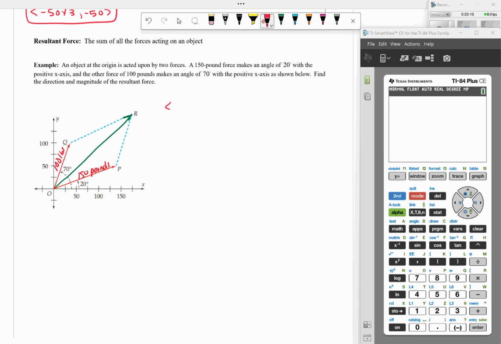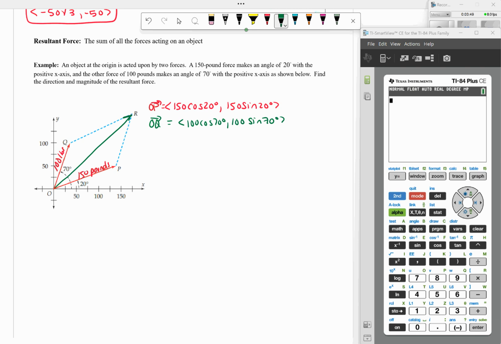So we have 150 times the cosine of 20 degrees, and then 150 times the sine of 20 degrees, and that's for OP. And then for the vector OQ, that's going to be equal to the magnitude, which is 100, times the cosine of 70 degrees, and then the magnitude times the sine of 70 degrees.